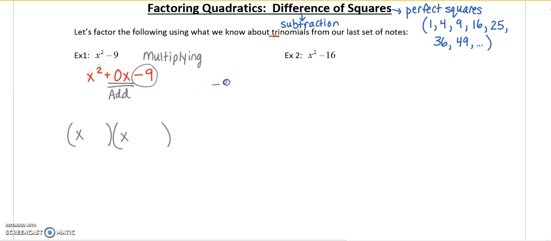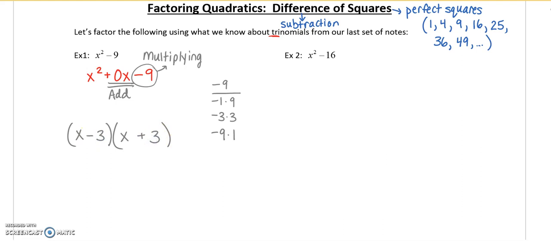And then I can make my list off to the side of numbers that multiply to -9. So -1 and 9, -3 and 3, or -9 and 1. And then from those numbers, I want the pair that's going to also add to 0. Well, we know when the numbers are the same, but one's positive and one's negative, that's when they add to 0. So -3 and +3.